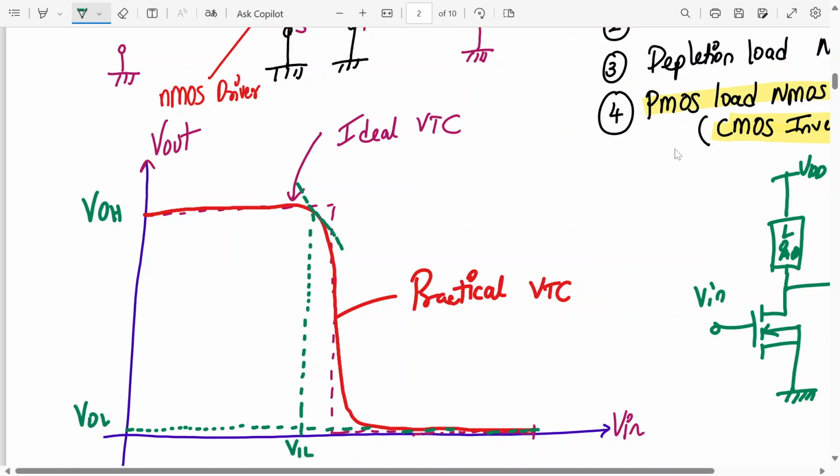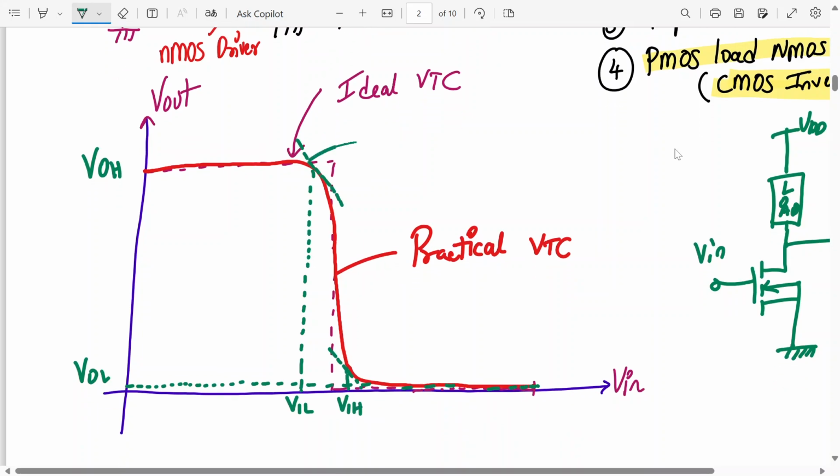And the last time this curve flattens out, you take a tangent again and extend it here; this is called VIH. So what is happening when we take a tangent? That means dV out by dV in is equal to -1, right? Here also the slope is equal to -1 at these 2 points.